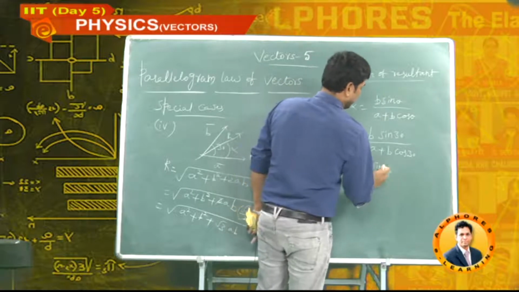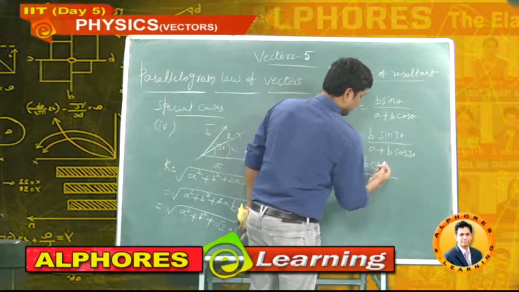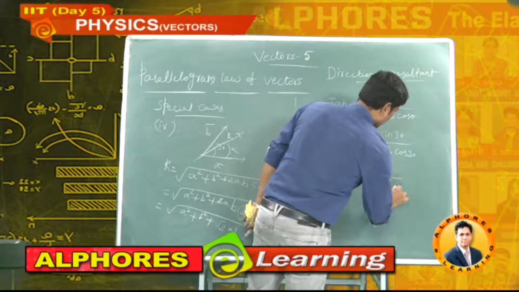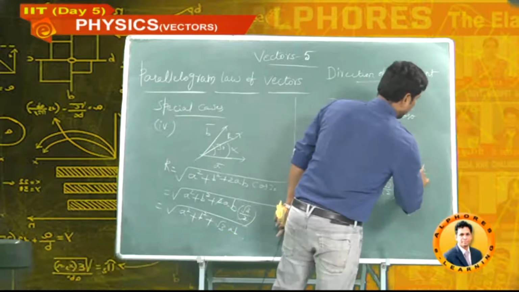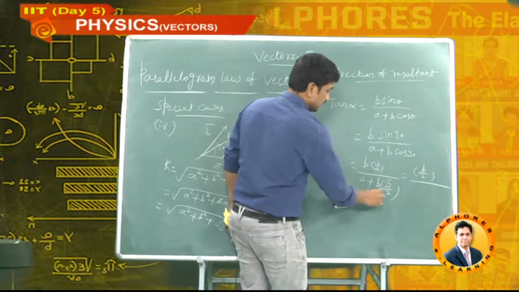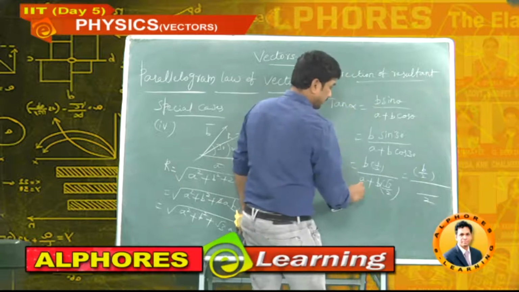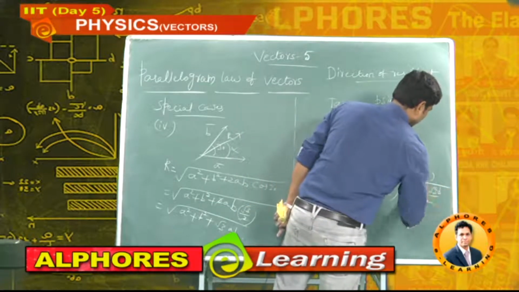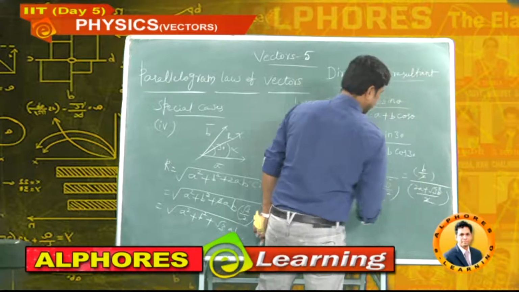B sin 30, value 1 by 2, by A plus B into cos 30, value root 3 by 2. Now, again here B by 2 is in the numerator, you can do the LCM here: 2A plus root 3B, 2 cancels.